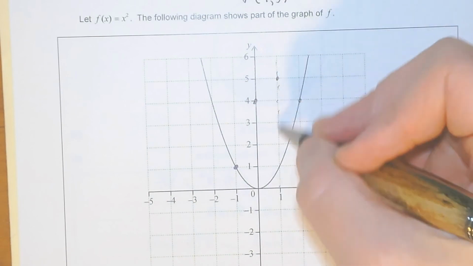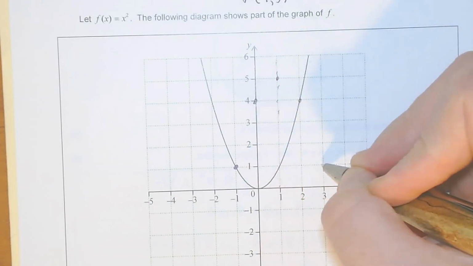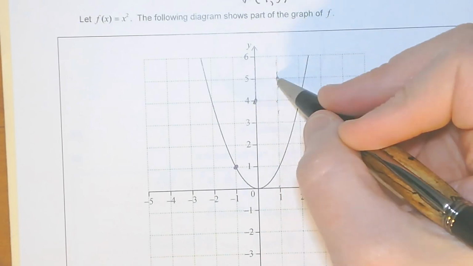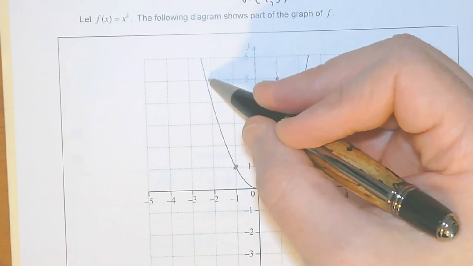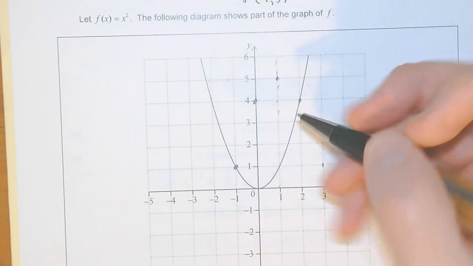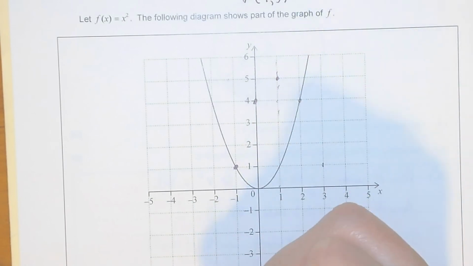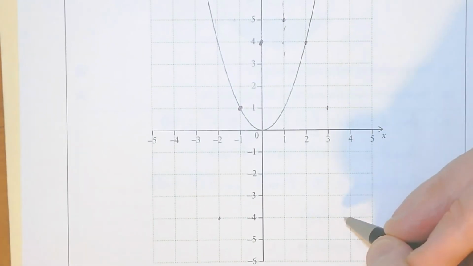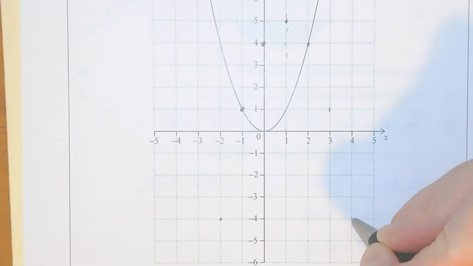I also know that I need to be 2 units over here. So notice it goes 1, 1, 2, 4, and then it's going to go 3 and down 9. So that will put a point right here at -2, -4, as well as 4, -4.